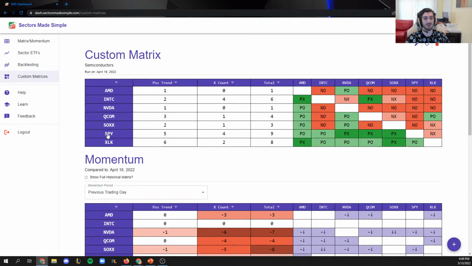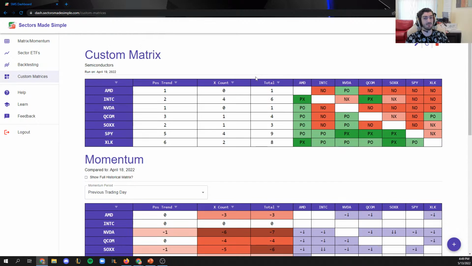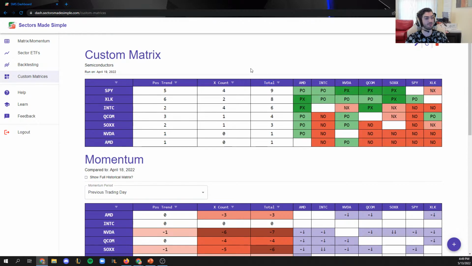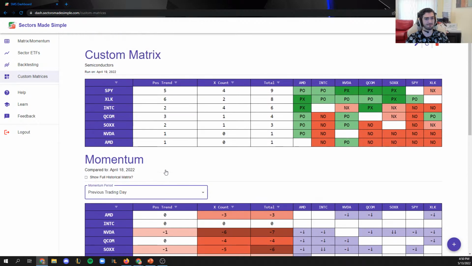In this case, it's a relative strength matrix for the semiconductor industry. And we can see now we have a custom matrix for semiconductors. Here's the custom matrix, but also here's momentum. It's so nice we listed it twice. So you get momentum for your custom matrices as well to compare against those specific time periods.